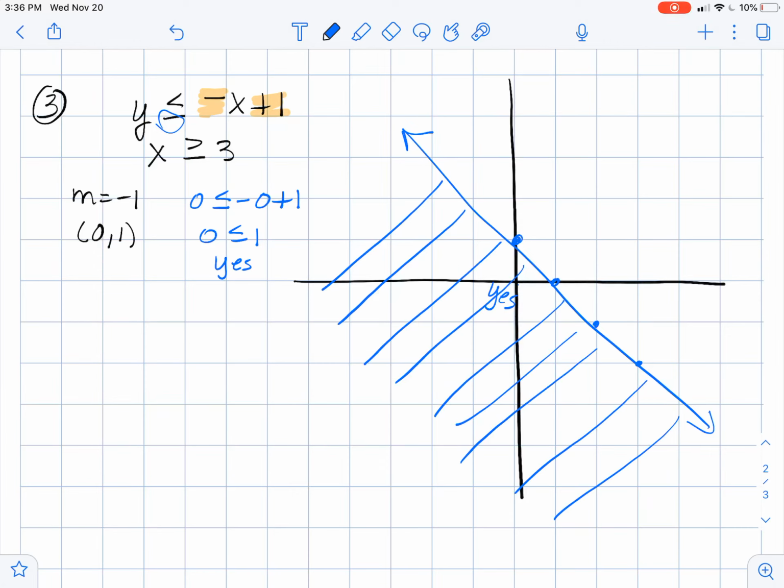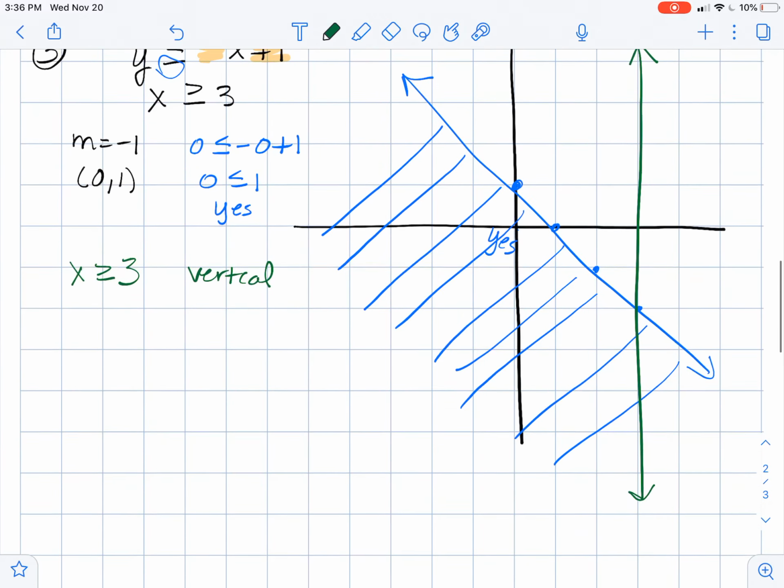Okay, now I'm going to do the next one. So remember, x is greater than or equal to 3 is a vertical line. So I have a vertical line at 3. Again, it is equal to, so it's solid. Probably should have extended my line a little bit more.